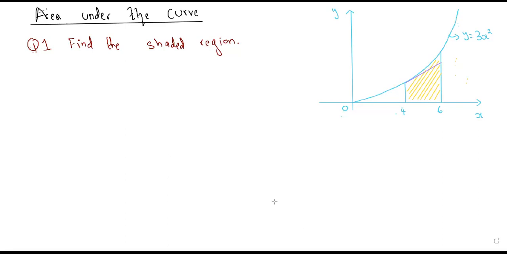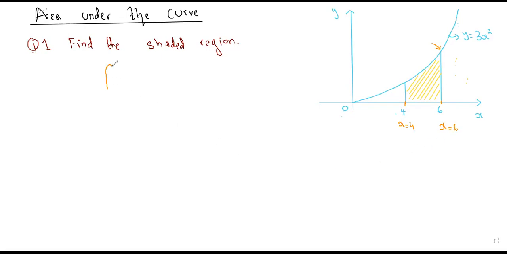So if you are interested in finding out the exact area, we need to understand the idea. If this is your curve, and it is bounded between the x-axis under the curve and these two lines. So at this point, it is x equals 4. At this point, it is x equals 6.